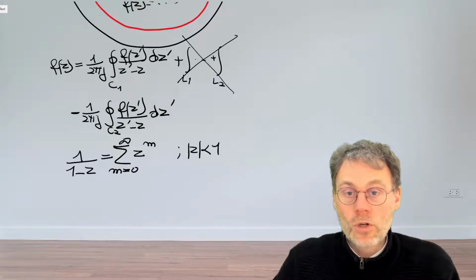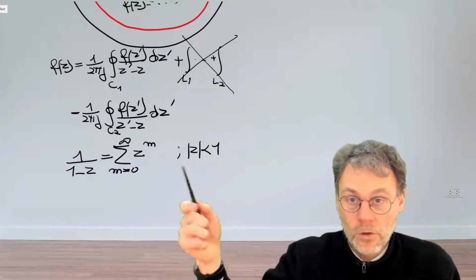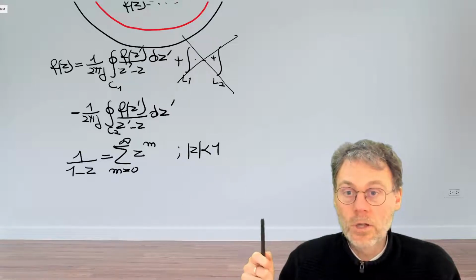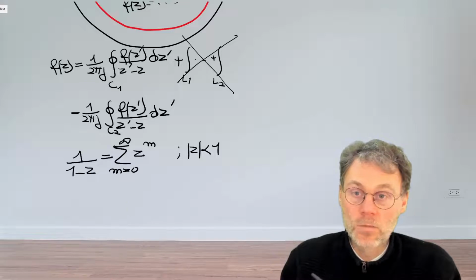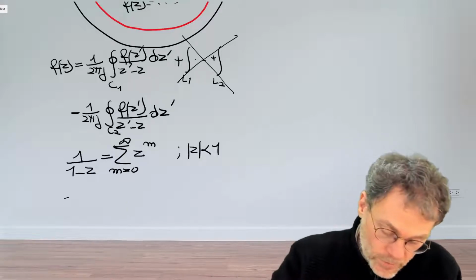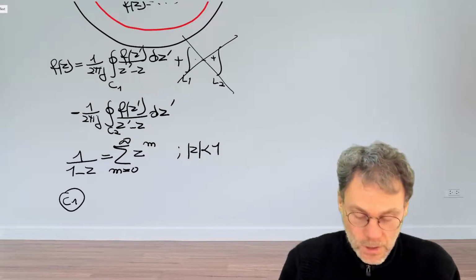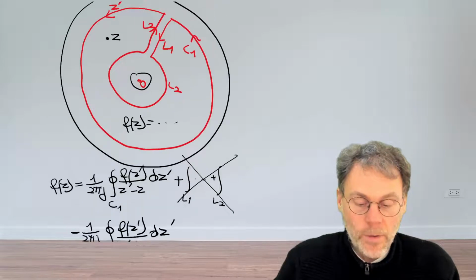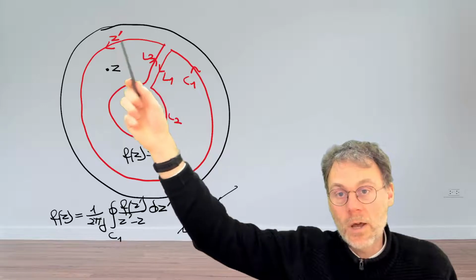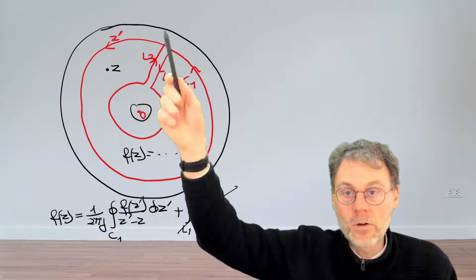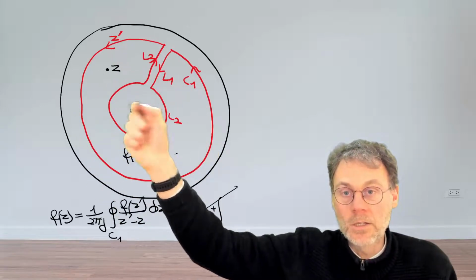So it's really crucial that we respect this convergence condition over here. So we need something in this formula which has a magnitude which is smaller than 1. So let's first have a look at our outer contour C1. If you go back to our drawing here, it's very clear that z prime on C1 is lying over here and z is inside the contour.